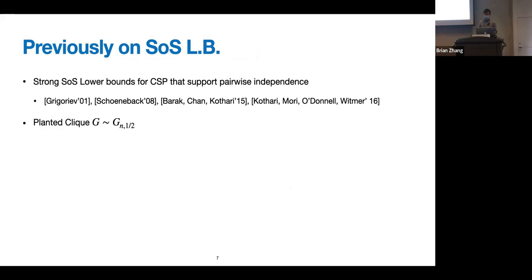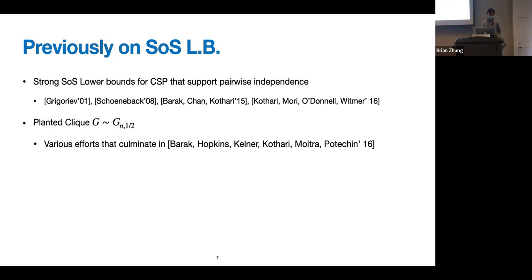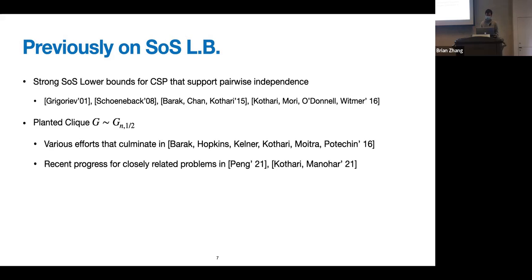And also there is this closely related question to what we consider today, planted clique, in which you sample a graph from G(n, 1/2), and you ask whether there is a clique of size root n in the random graph sample. There are a lot of efforts, and finally there is this amazing work by Barak, Hopkins, Kelner, Kothari, Moitra, and Potechin that resolved this question, and then there is some recent progress by Pang and Kothari, Manohar that considers some downstream problems from planted clique.